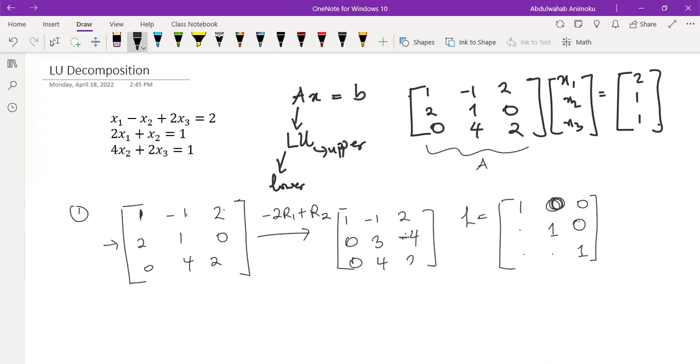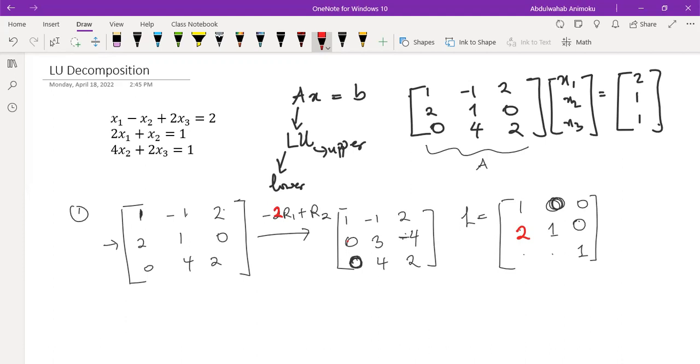Now, we don't need to do anything to this entry, because it's already 0. Since we multiplied by minus 2 to change this entry, we're going to do the same thing here in L, but we take the opposite, not the reciprocal, just the same number with the opposite sign.